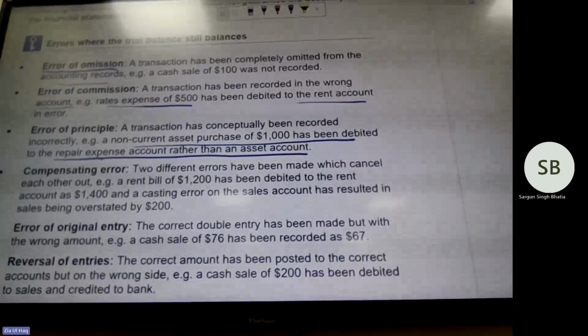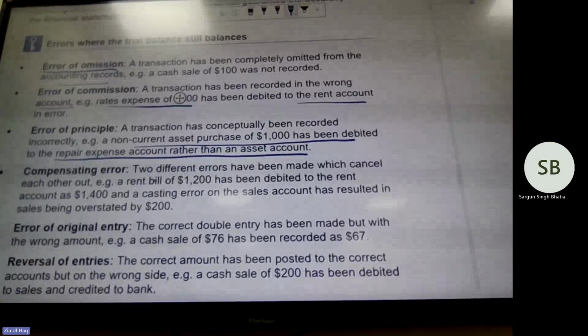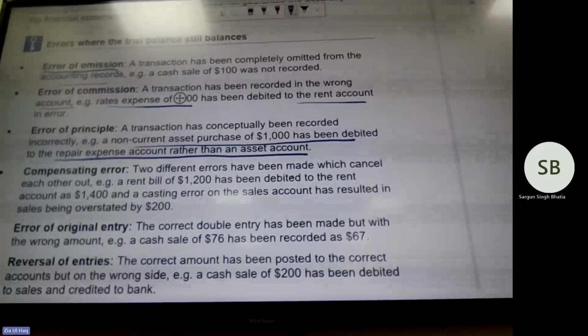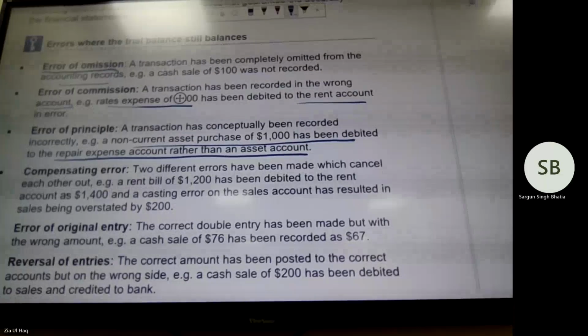What is compensating error? Two different errors have been made which cancel each other out. For example, a rent bill of 1,200 has been debited to the rent account as 1,400, and a costing error on the sale account has resulted in sales being overstated by 200. Like the last transaction, instead of recording cash to sale 200, they have recorded sales to cash 200.